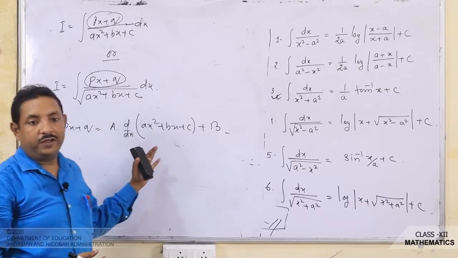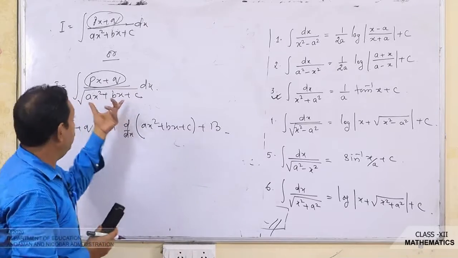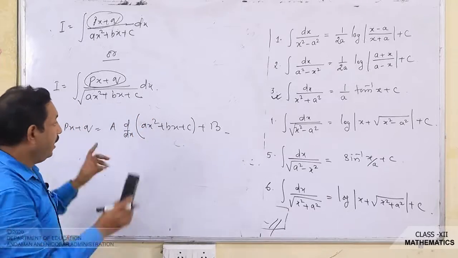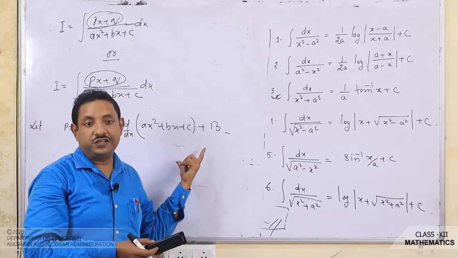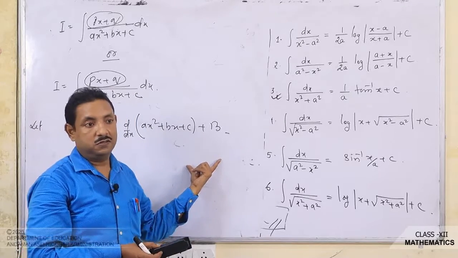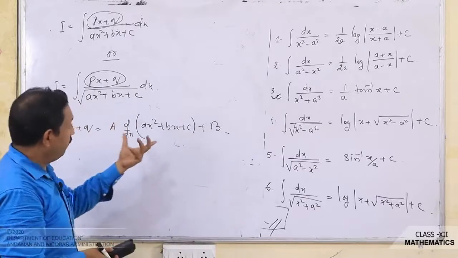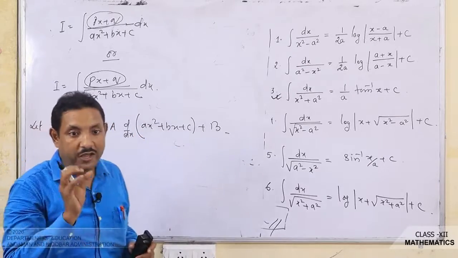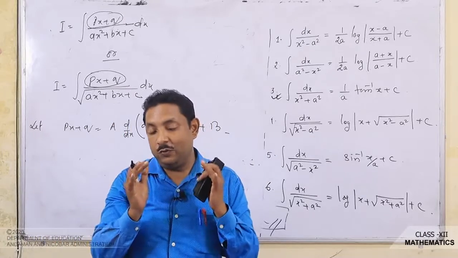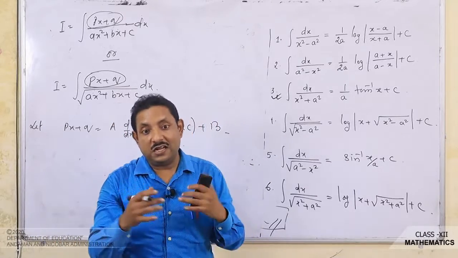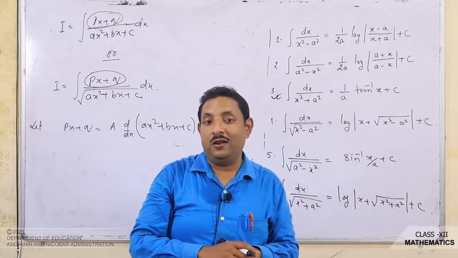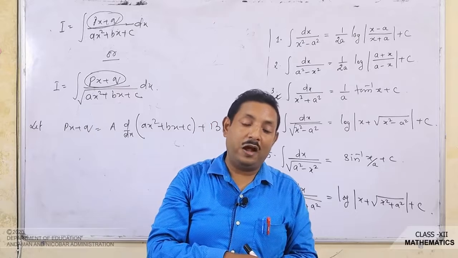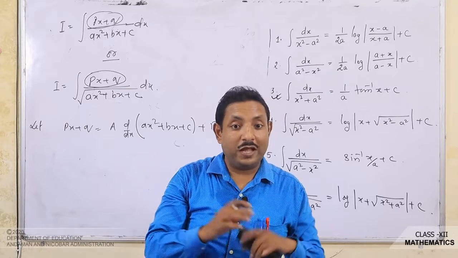I assume this way. So, that means I want to reduce this quadratic form to some linear one by taking the derivative. As we know, if we have the numerator and denominator, and the numerator is the derivative of the denominator, then we have the integrating formula. So, that is what we are trying here.